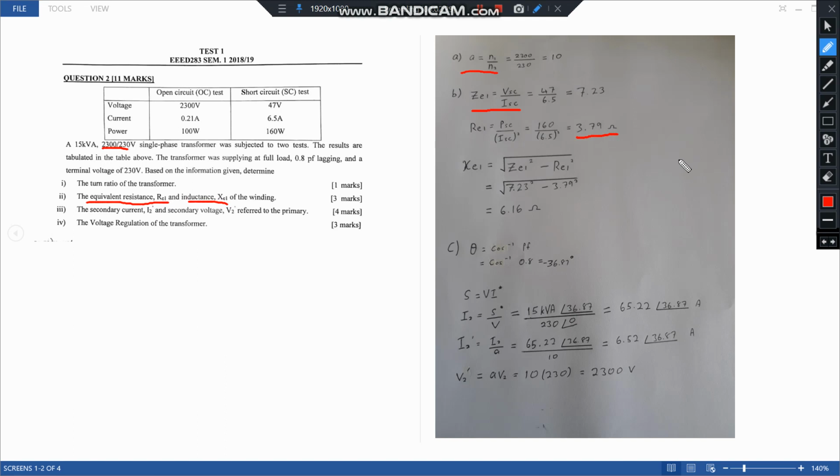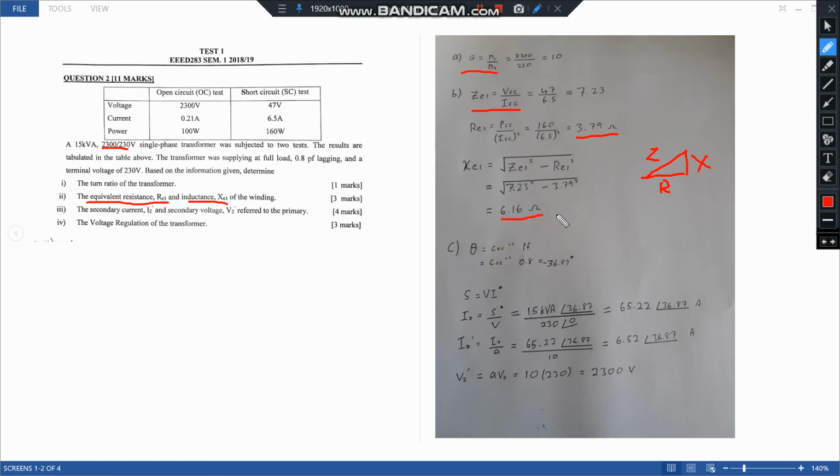You can imagine like this: this is Z, this is R, this is X. Then X equals the square root of ZE1 squared minus RE1 squared. After that you just key in the answer you already calculated above, then you get this answer.